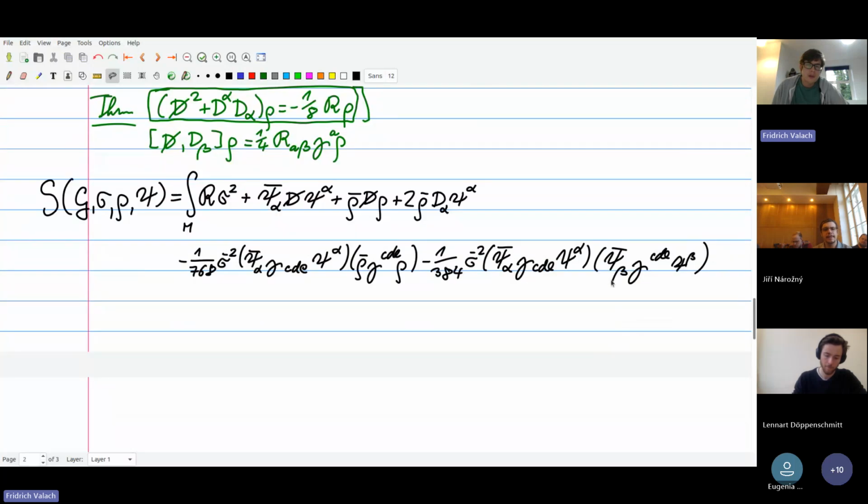The terms which are fourth order in spinors can be written in many ways, and there are non-trivial constraints on the space of all such expressions, the so-called Fierz identities.